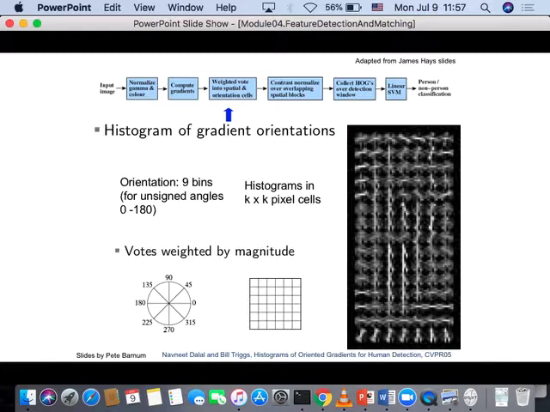So they suggested using 9 bins. Now SIFT used 8 bins. They use 9 bins, again divided by 45 degrees, but 0 and 180 are kind of repeated there, I think. I'm not sure if 0 and 180 are repeated, or they're just uniformly distributed on 9 bins. Because their objective in the end was a classifier, these are parameters going into the classifier in a way: how many bins to use, what type of normalization to use, and what type of gradient mask to use.